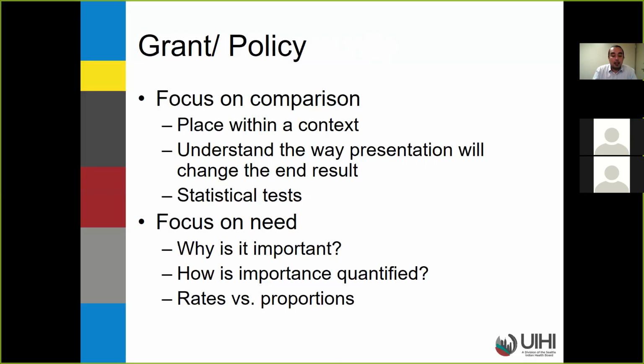Additionally, focusing primarily on need, so being able to put your numbers into a context of why what you're attempting to do is important, being able to figure out and quantify what importance is, and then being able to look at things such as rates versus proportions.